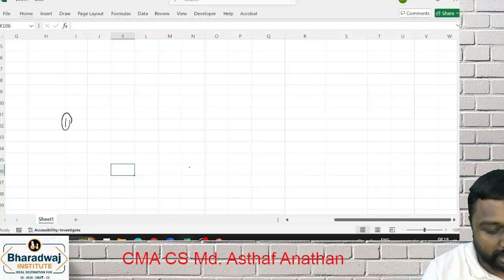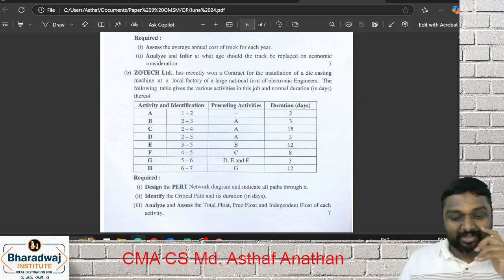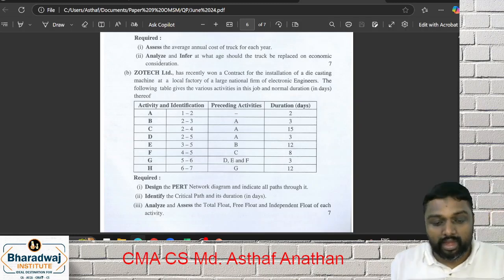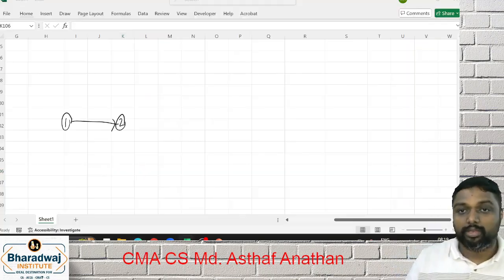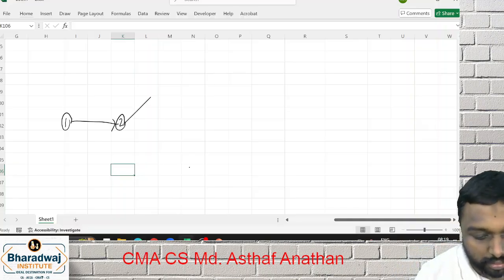So, we can give directly. 1 to 2 is only one activity. Then you have 2 to 4, 2 to 5. Super. So here you have to understand 2 to 4 is 3 to 5 also there. So 2 to 5 and 2 and 3 must be together. So 2 to 5, if you want, we can keep here or middle.